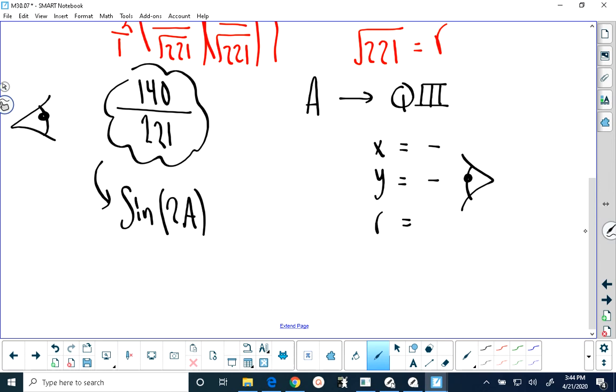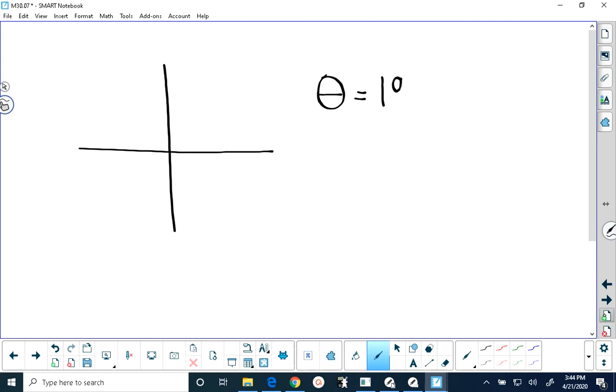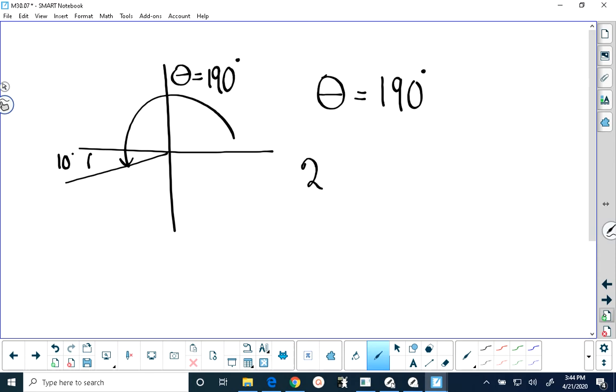Just to give you a quick illustration of this, if we had a rotation angle theta of 190 degrees, well, 190 degrees is definitely in quadrant 3. It's 10 degrees below the x-axis. So theta equals 190 degrees. What does 2 theta equal? 2 theta equals 2 times 190, which is 380 degrees.